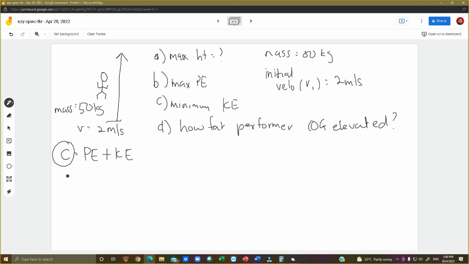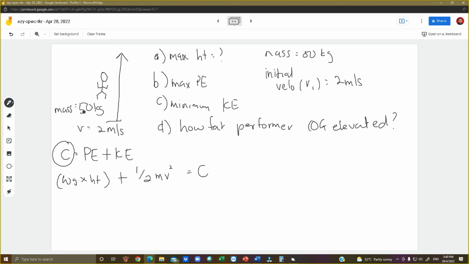Okay. Weight times height plus half mv square equals to C. Kita nak cari dia dekat mana sekarang mv square ni? Kita nak cari dia dekat point mana? Yang mana sebenarnya kita boleh selesaikan? Kita ada V initial at the instant of jumping.